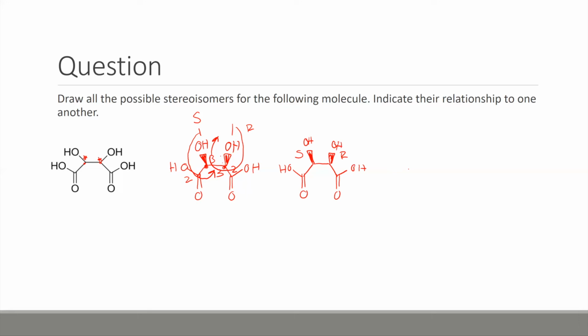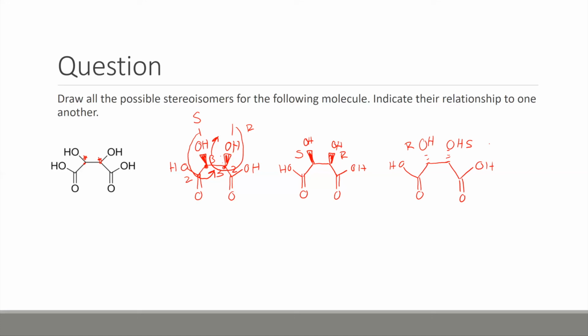If we just flip both of those, it should look like this. This will be going back and going back. And this would be R, and this would be S.